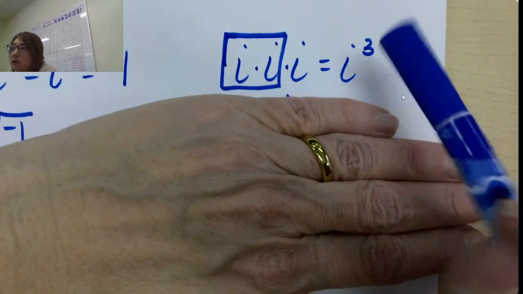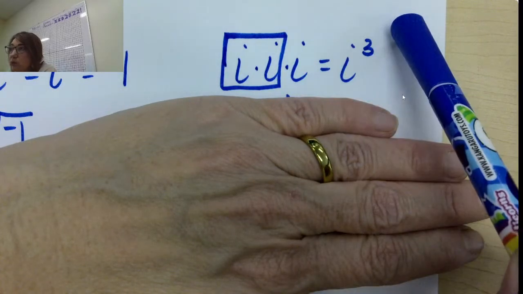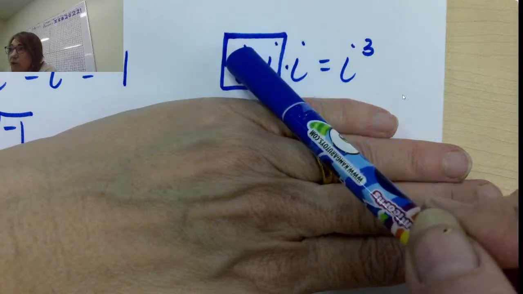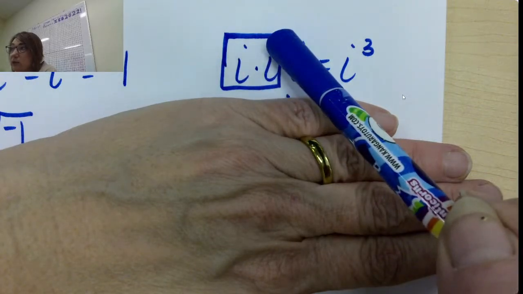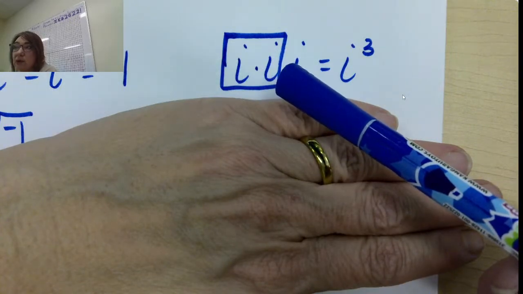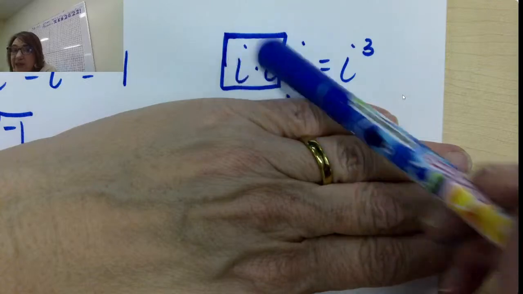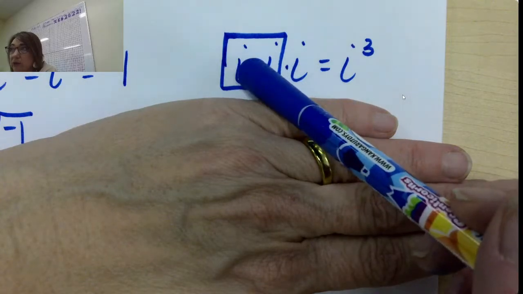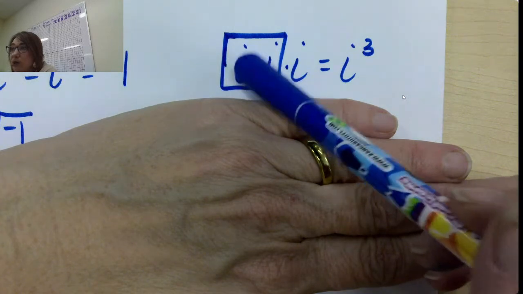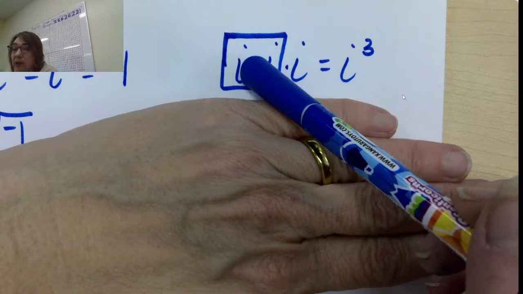Right here. I times I times I, I cubed. If I just use 2 of them, that's I squared. What did we just figure out I squared equaled? Negative 1. So I'm going to replace the I squared with negative 1, because I squared equals negative 1.